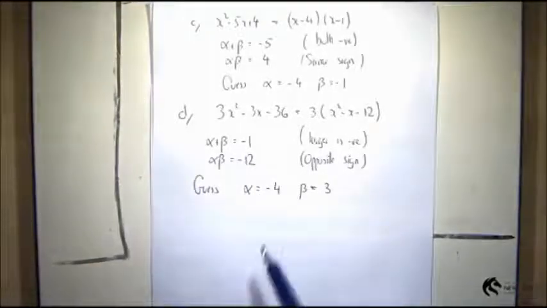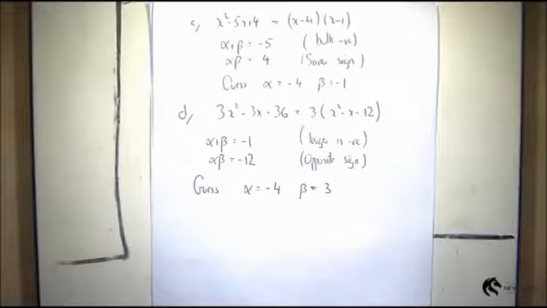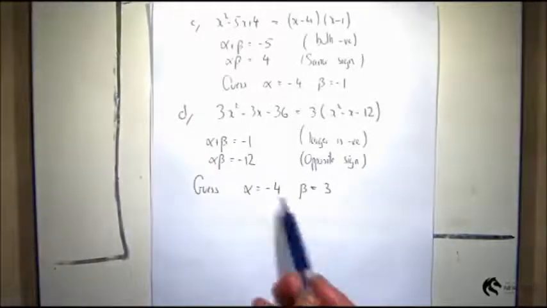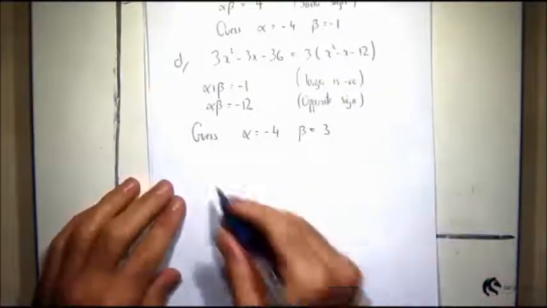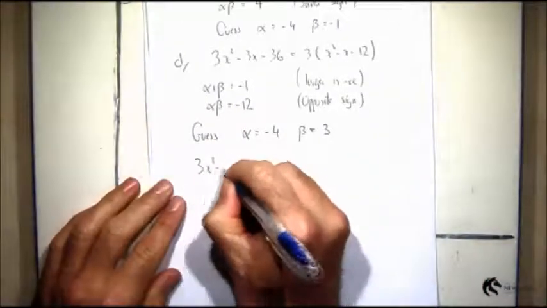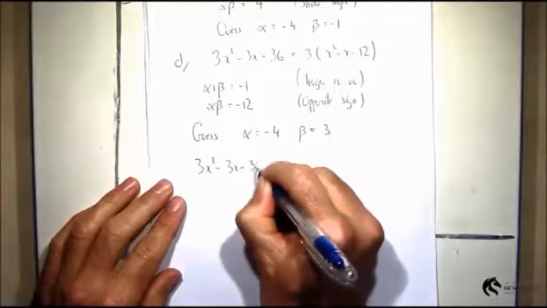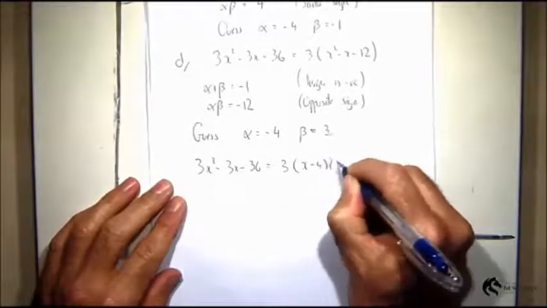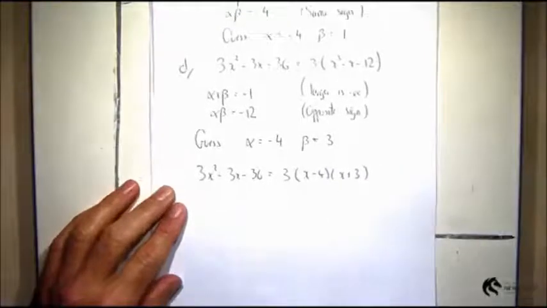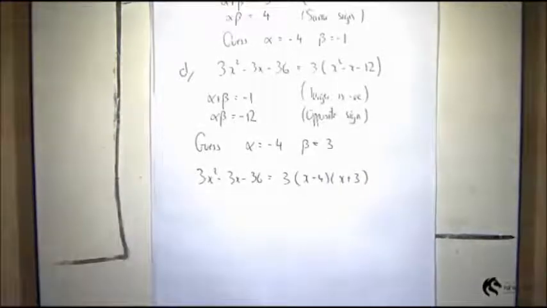I just went through and mentally checked the factors of 12 to work out the possibilities. And so 3x squared minus 3x minus 36 is 3 lots of x minus 4, x plus 3. And of course, you get better at these with practice.